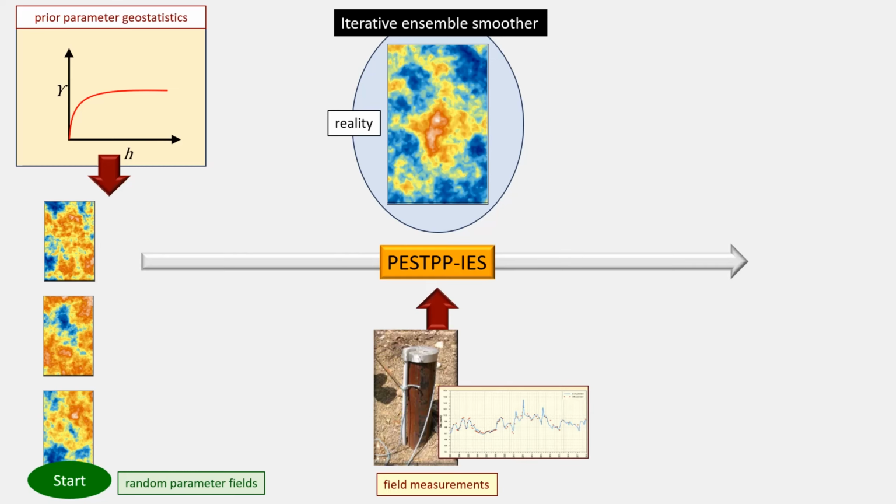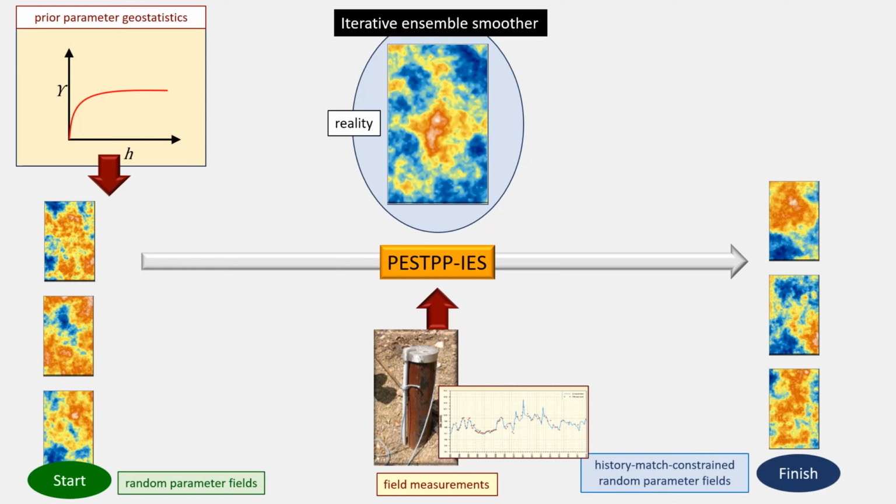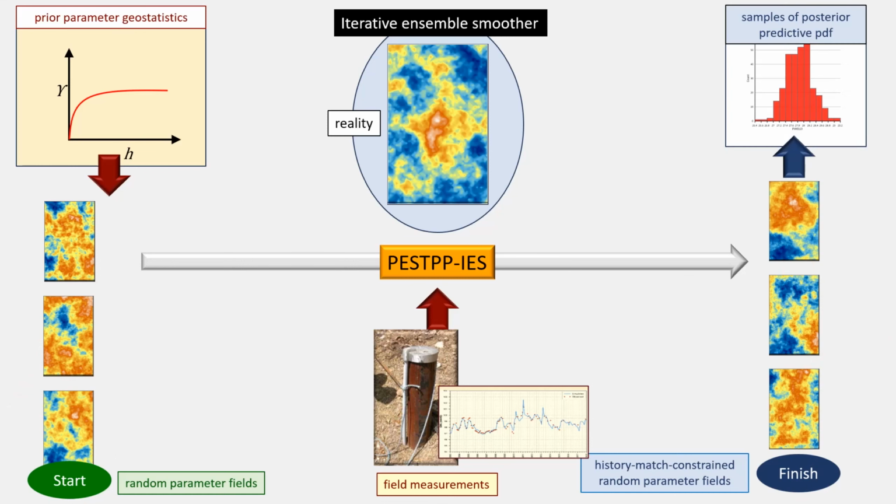I use an ensemble smoother like PEST-PPIES, and PEST-PPIES adjusts these parameter fields, these samples of the prior, so that eventually they become samples of the posterior parameter probability distribution. When a prediction is made, that prediction is then made many times so that the posterior probability distribution of that prediction is sampled.